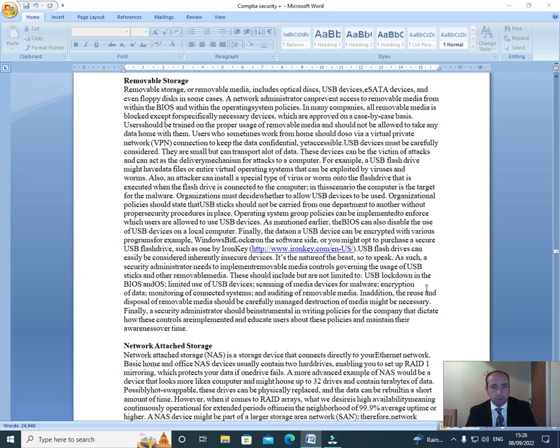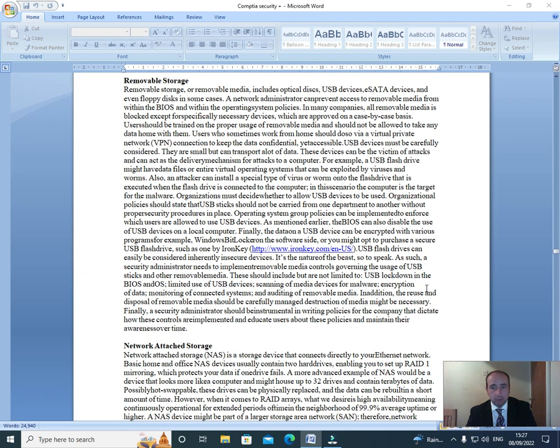Removable storage. Removable storage or removable media includes optical discs, USB devices, eSATA devices, and even floppy disks in some cases. A network administrator can prevent access to removable media devices from within the BIOS and within the operating system policies.